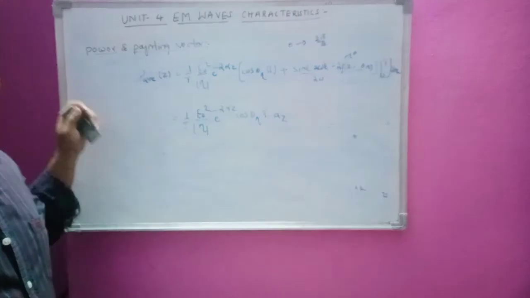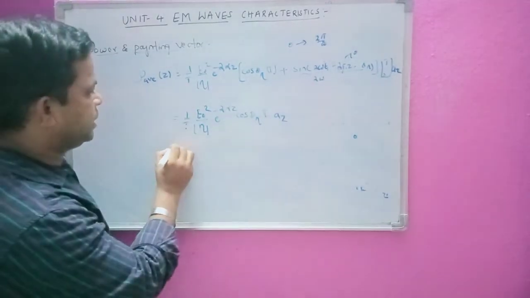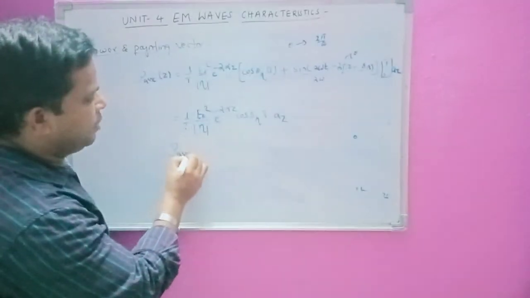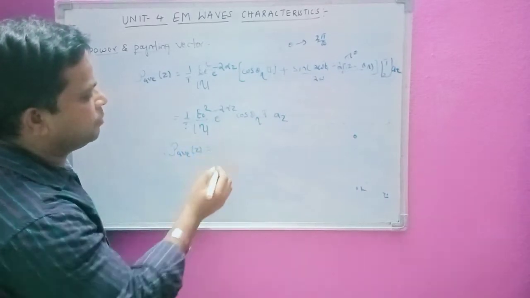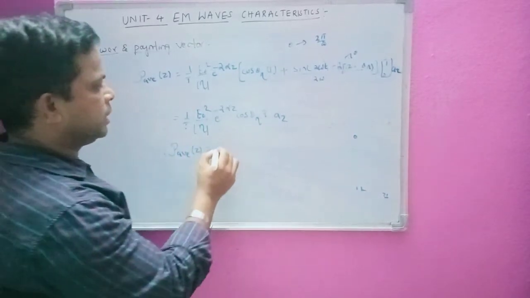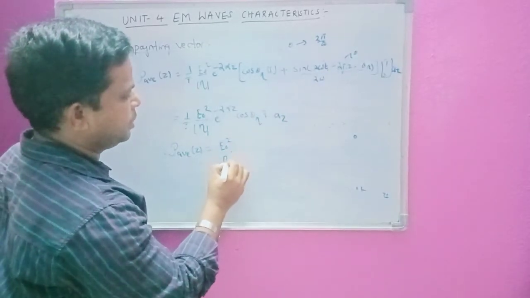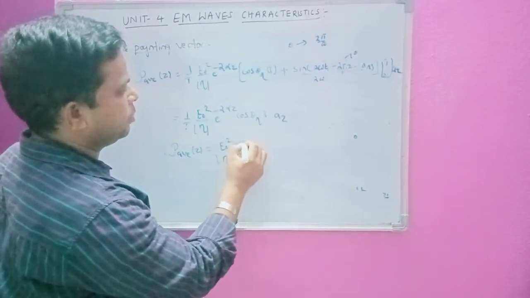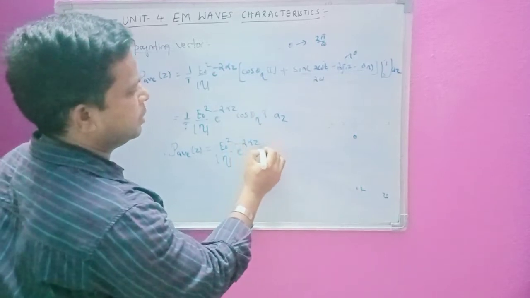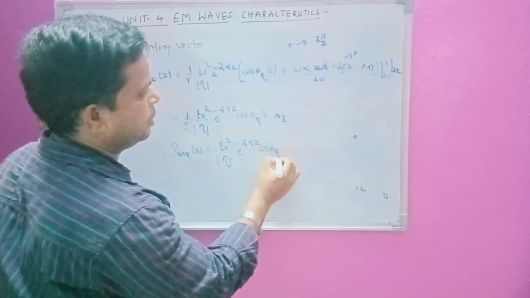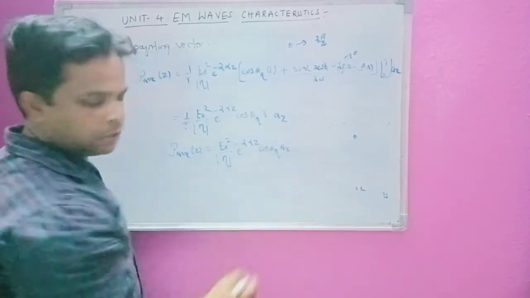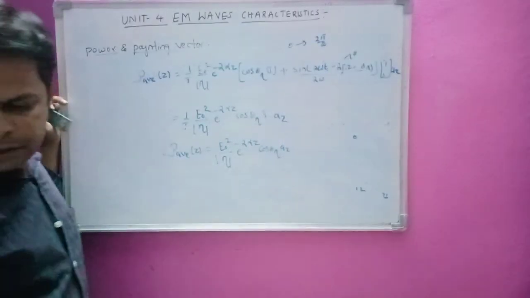So I am left with P average, that is average power, as E naught square by mod eta, e power minus 2 alpha z, cos theta of eta, into a z. So this is the equation.